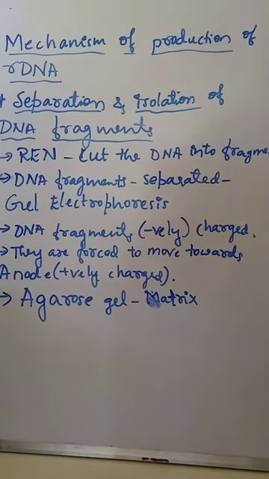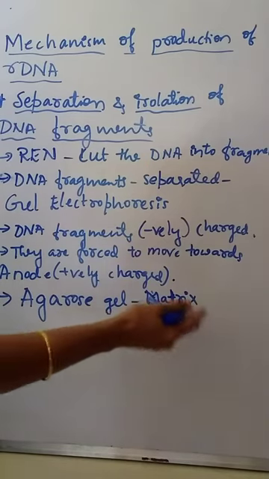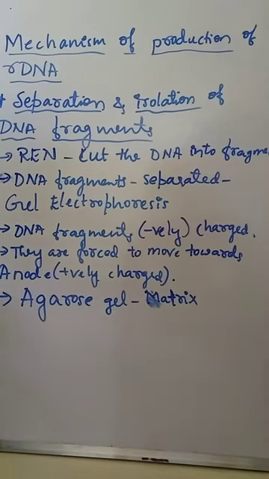That means the smaller fragments move faster compared to the larger fragments. The smaller fragments always move further towards the anode as compared to the larger fragments.